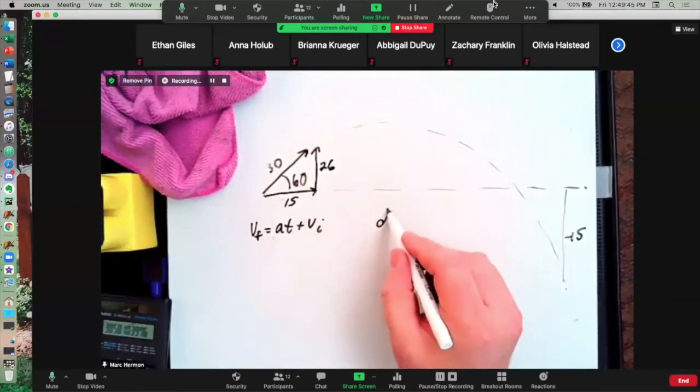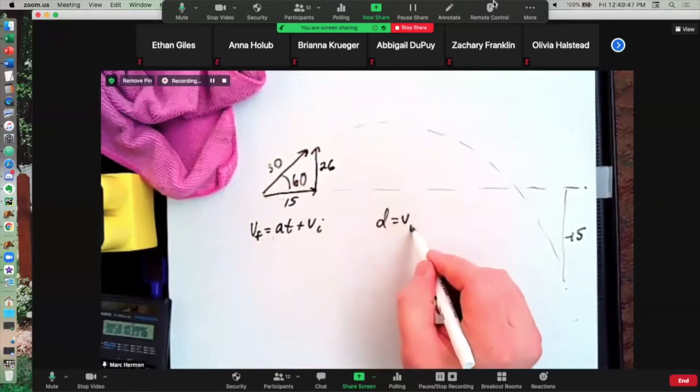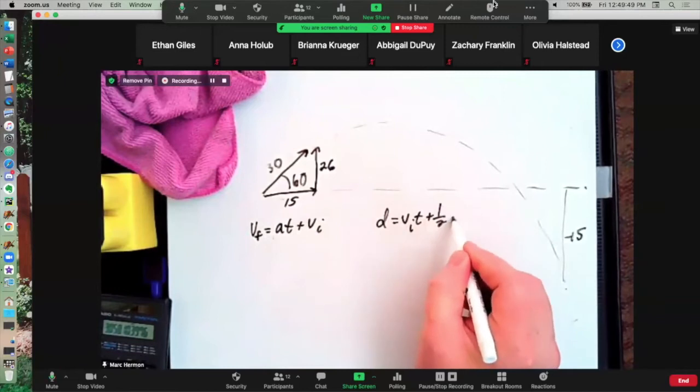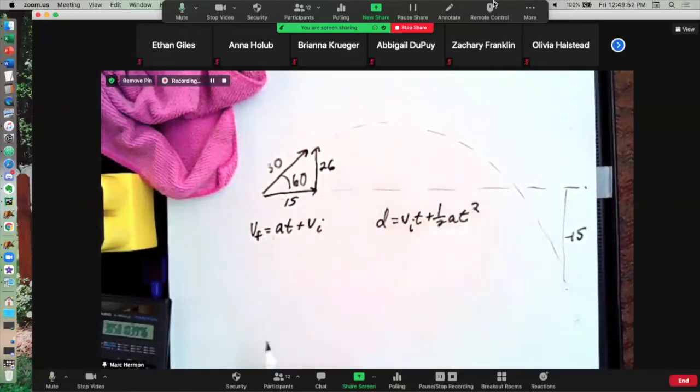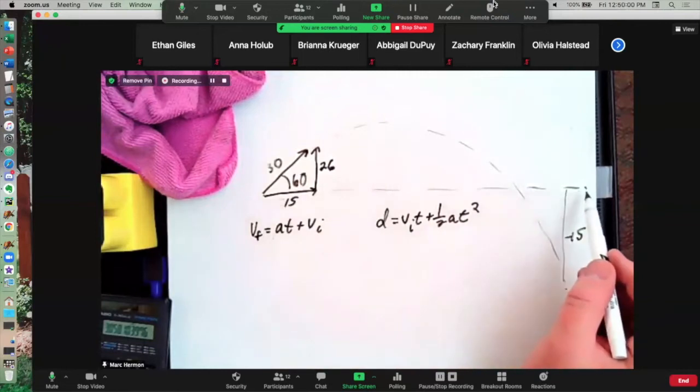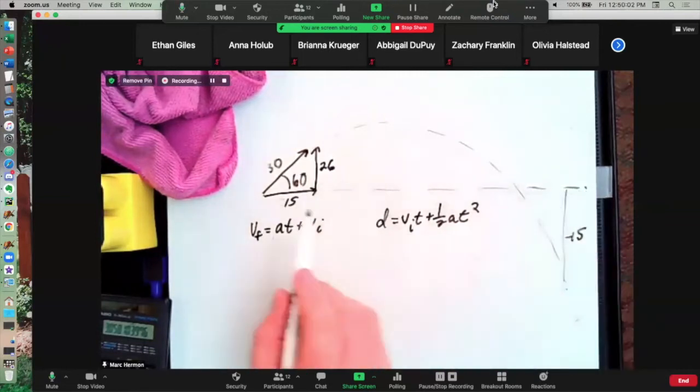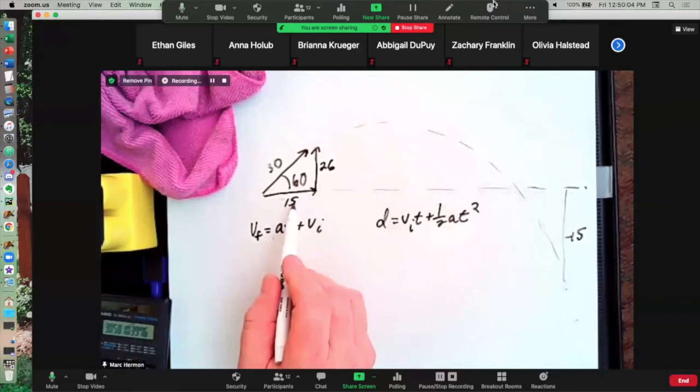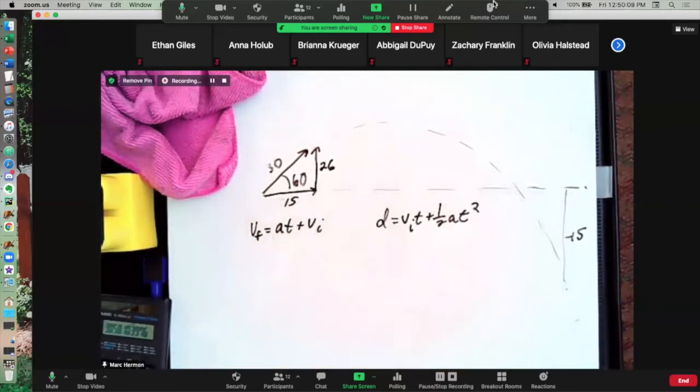And then I have D equals VIT plus 1/2 AT squared. Correct? Now on this one, we're not going to cheat. Technically, I know what the range is, and I know what Vx is, so that'd be the super easy way to figure out the time. But we're pretending right now we don't know what the range is.